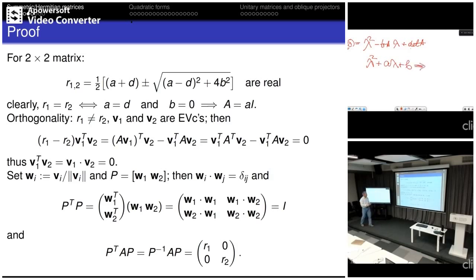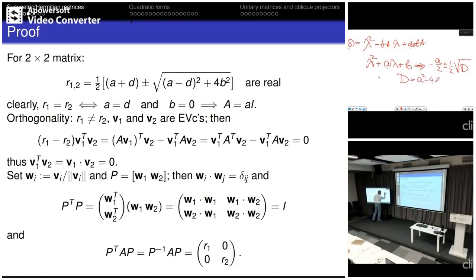And if we have lambda squared plus a lambda plus b, then the solutions are minus a over 2 plus minus square root of discriminant over 2 over 4.